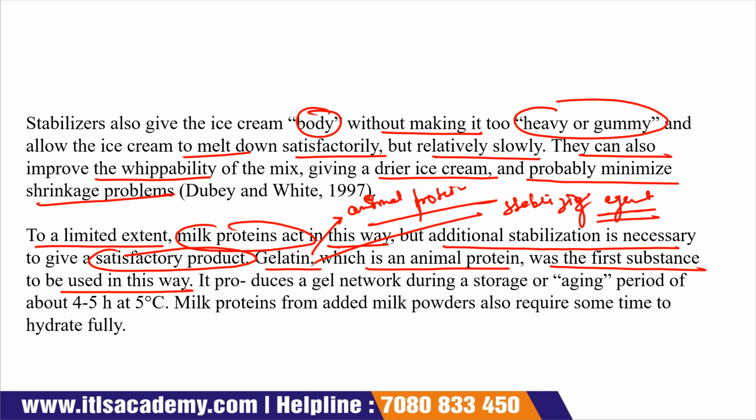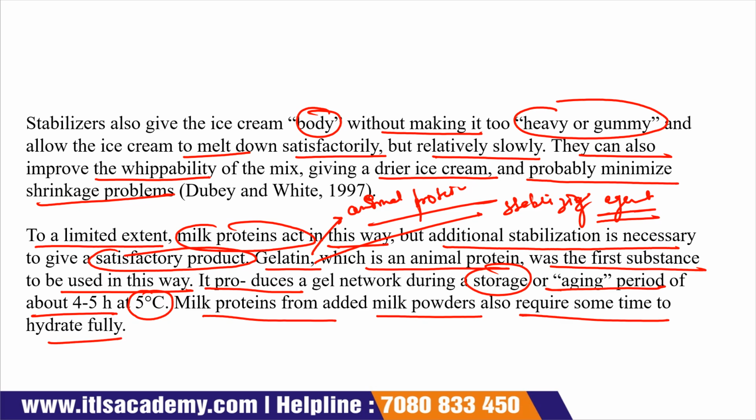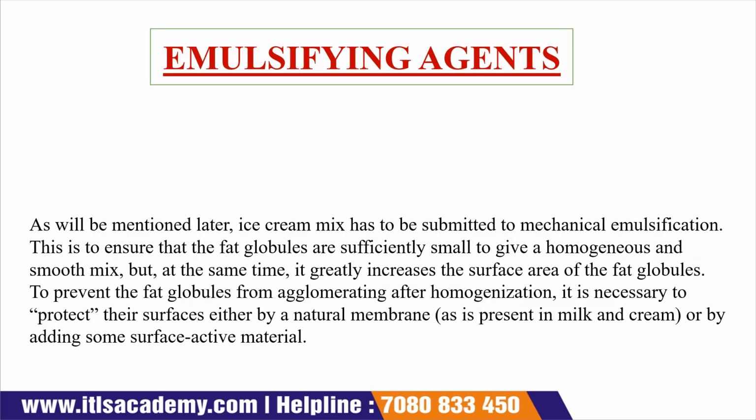It produces a gel-like network during the storage or aging period, and it can be stored at 5 degrees Celsius for 4 to 5 hours. Milk protein, when added as milk powder, also requires some time to hydrate fully. Now the next is your emulsifying agent.